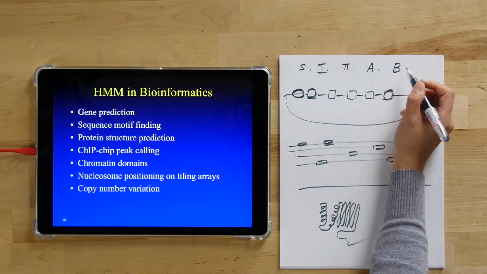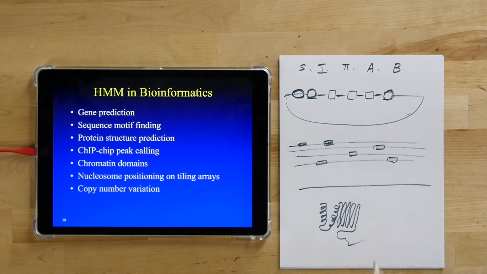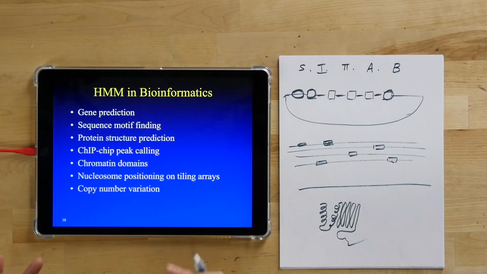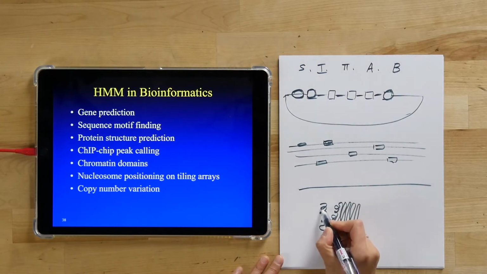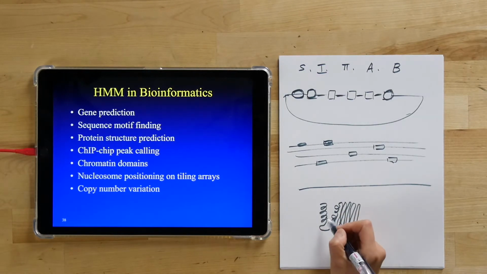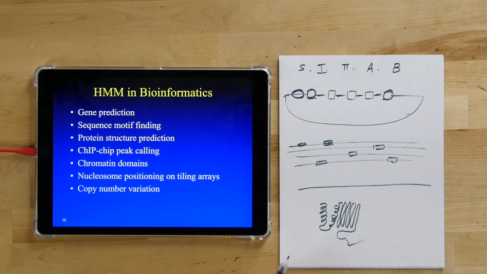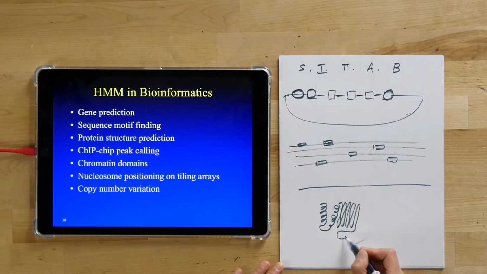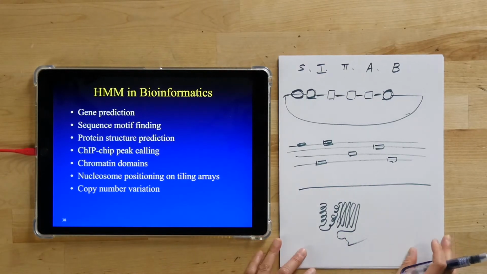And then the emission probability is, if you look at those sequences that already have structures solved, in alpha helix, what's the likelihood of seeing a proline, a serine, or leucine, and so on? What is the chance of seeing those different amino acids in a beta strand, beta sheet? And what is the probability of seeing those amino acids in the loop, flexible sequences? And so that's for protein structure prediction.